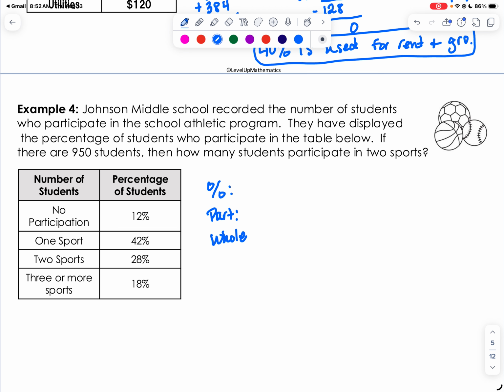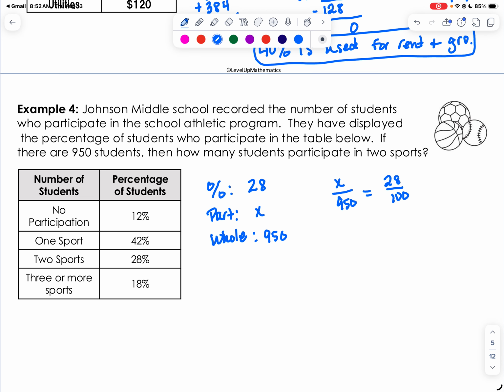Okay, so in this question, they're asking about how many participate in 2 sports. So the percentage, according to our table for 2 sports, is 28%. I also know the whole because they gave me the total number of students at this school was 950. What we don't know is the part. So x over 950 equals 28 over 100.